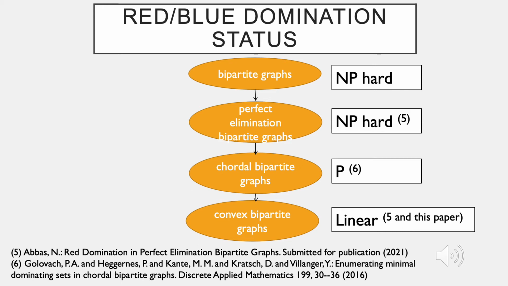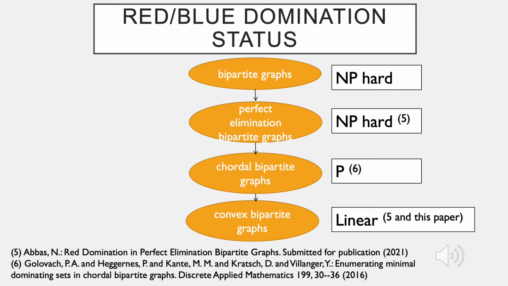Therefore, the first output appears after that much delay. An algorithm to enumerate red dominating sets in convex bipartite graphs is presented in 5, and the first output of that algorithm appears after order n plus m time.